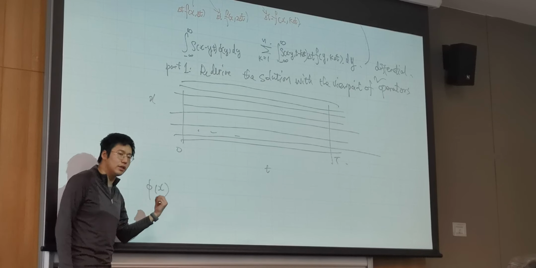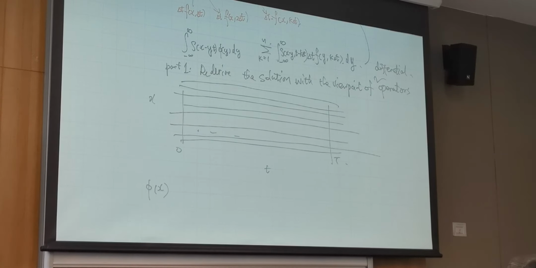Or in other words, my phi x now can be approximated by, let's say, an n by 1 vector. Or my phi vector is now something like phi 1, phi 2, to phi, let's say, phi n.